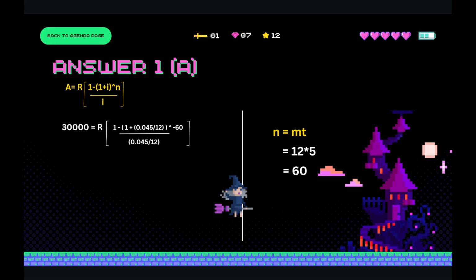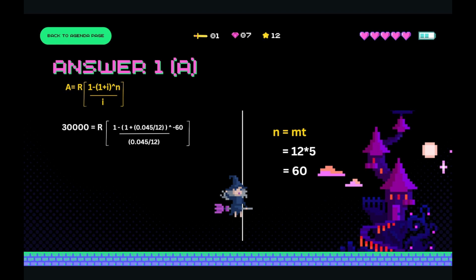Bracket 1 minus bracket 1 plus bracket 0.045 divide by 12 bracket power by negative 60 over bracket 0.045 divide by 12 bracket and close the bracket.